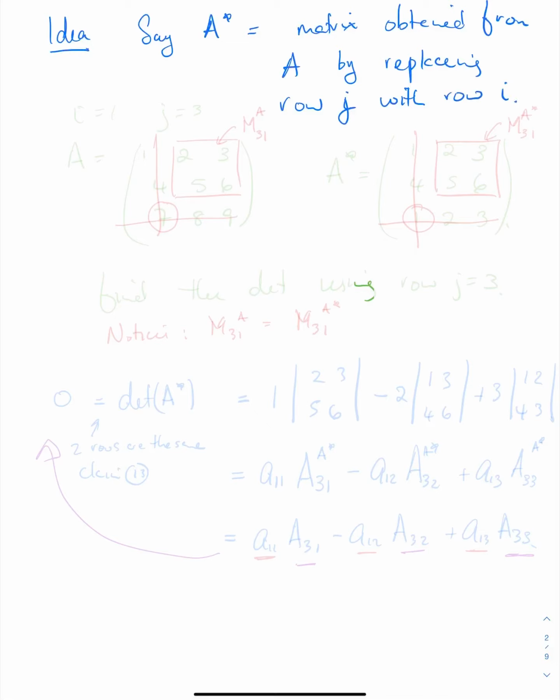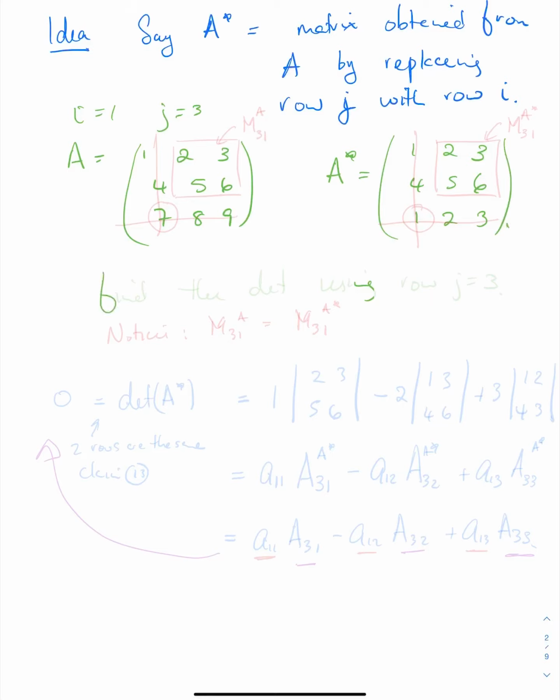So as an example, take a look at this. If A is 1, 2, 3, 4, 5, 6, 7, 8, 9, and i is 1, and j is 3, then A star is going to be 1, 2, 3, 4, 5, 6, then we replace row 3 with row 1: 1, 2, 3.